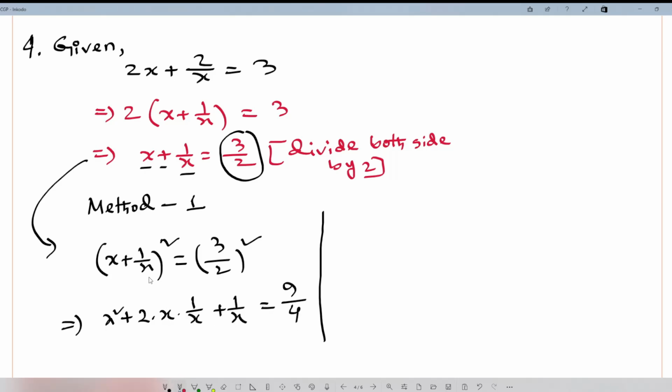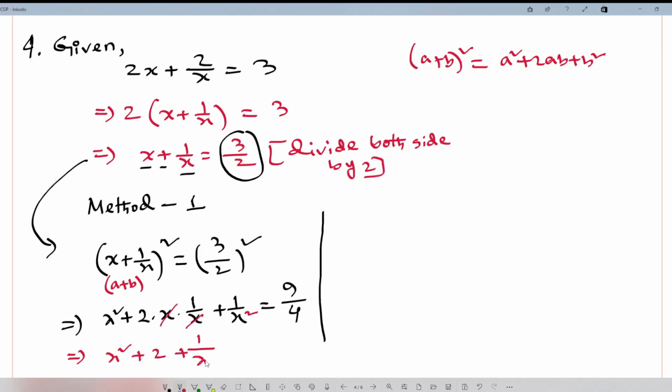Why do we write this one? Because it's looking like a plus b, right? So we know a plus b whole square is a square plus 2ab plus b square. So we are following this rule, and here x and x cancel out. Here is x square plus 2 plus 1 by x square equals 9 by 4, right?